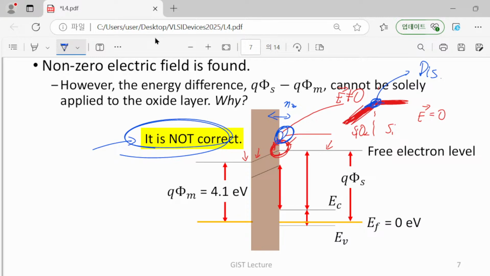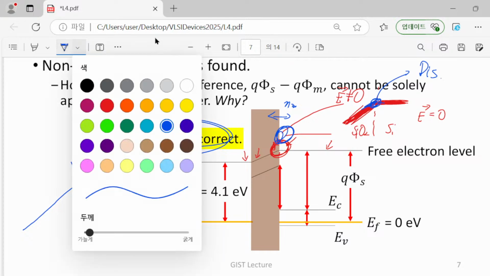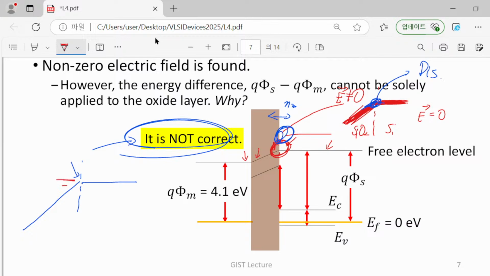Let me explain. Here we have two different materials. So in order to solve this problem, suppose the silicon dioxide yields, so that inside the silicon dioxide I just make the interface electric field equal to 0. Can you expect this kind of situation?